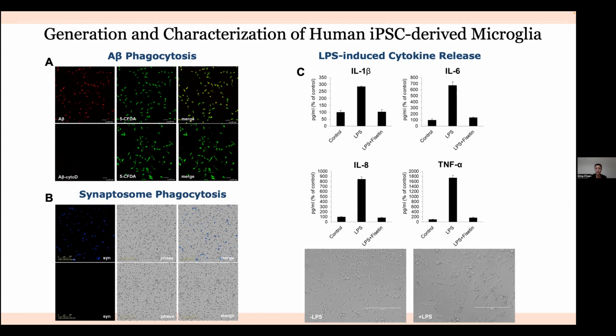You see with addition of LPS a marked increase of the cytokine release, and this is mitigated by addition of bicytine, a compound that inhibits inflammatory response. At the bottom, I'm showing some bright field images plus and minus LPS addition, showing some of the morphological changes in the microglia. Next.